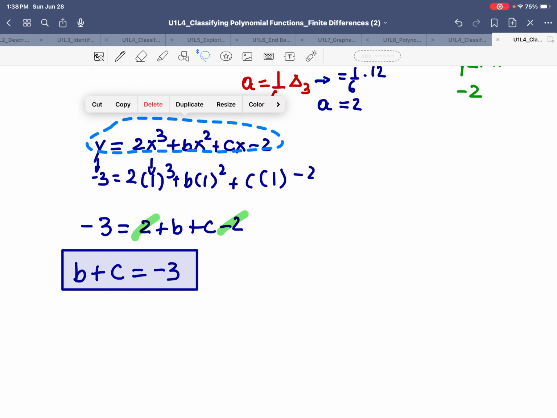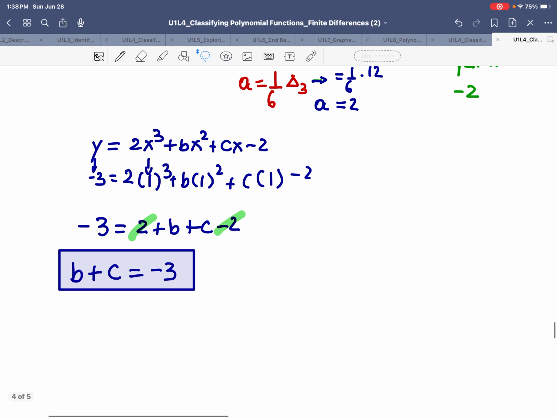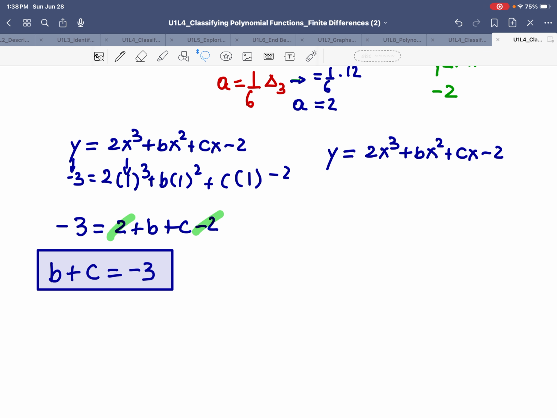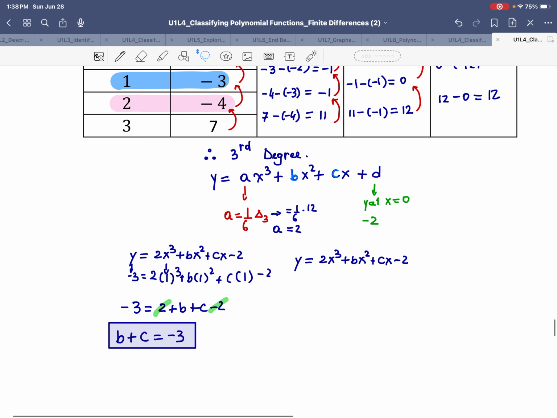We're going to need a second equation to figure out the second unknown. So when we have two unknowns in an equation, we're going to need two equations to solve it and put them together in a system. So we're using this time point 2 and negative 4. So x is equal to 2 and y will be equal to negative 4.